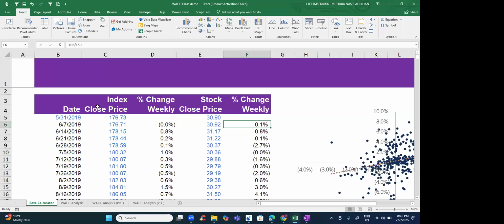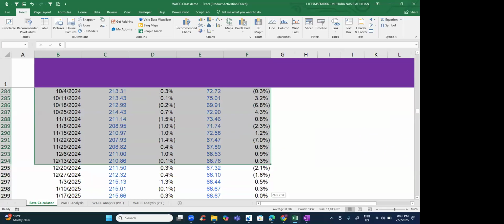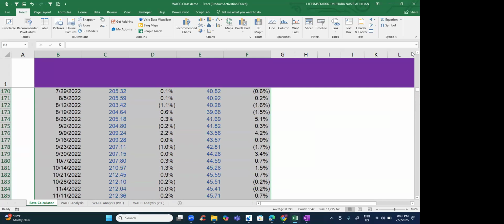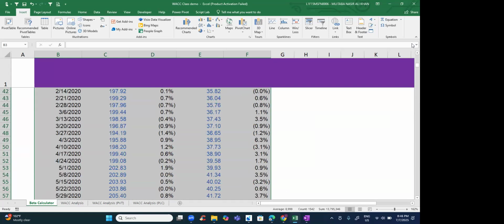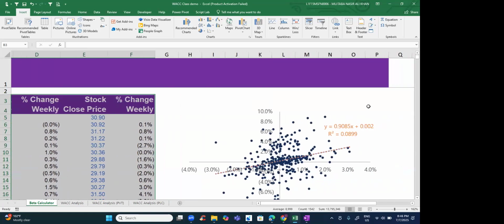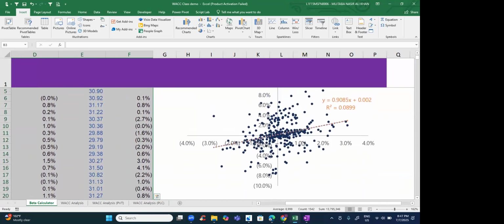So look at the data. This is for 5 years. More than 5 years in our case, but you can take the 5 years. So how to calculate the beta? If you want the graphical approach, this shows how the two are moving with each other.